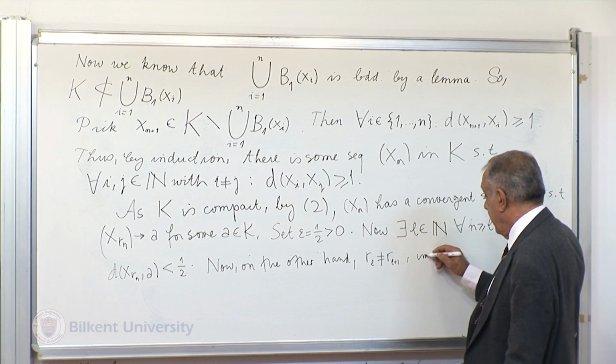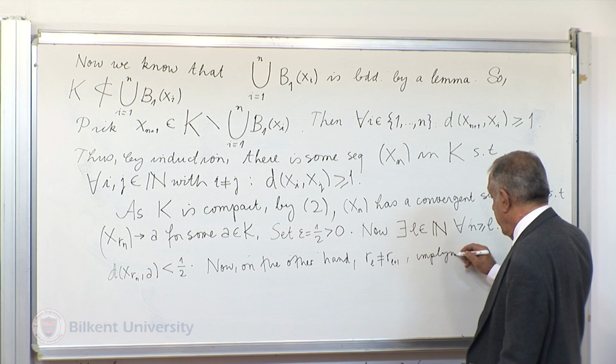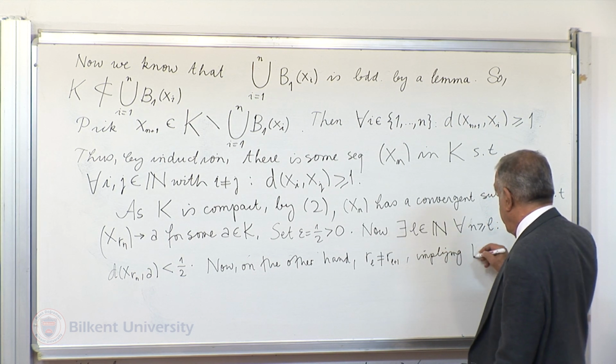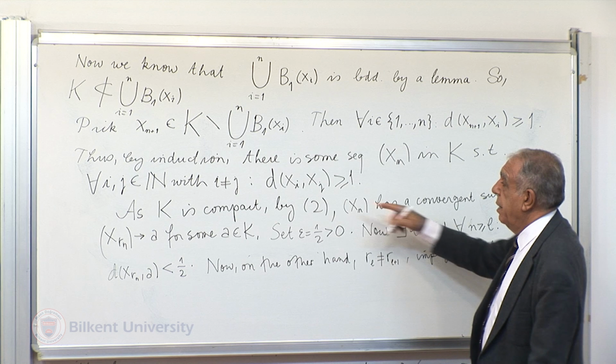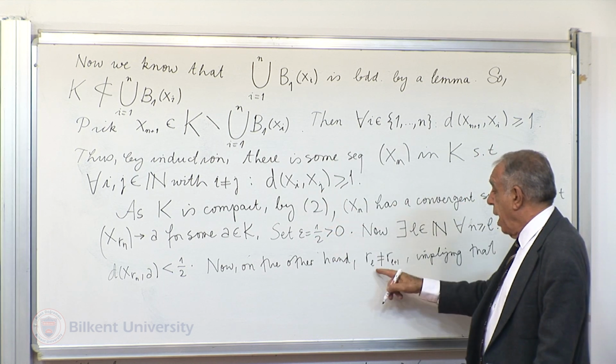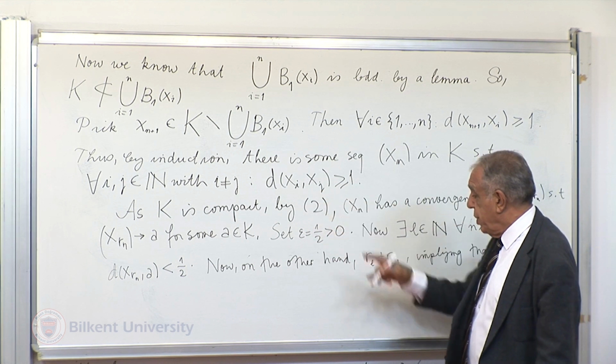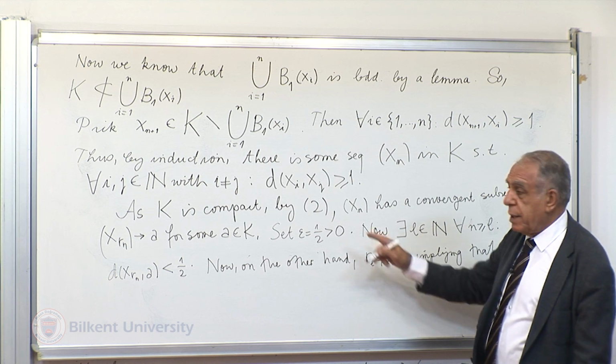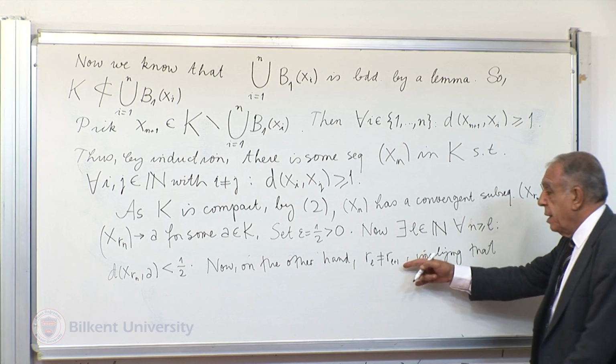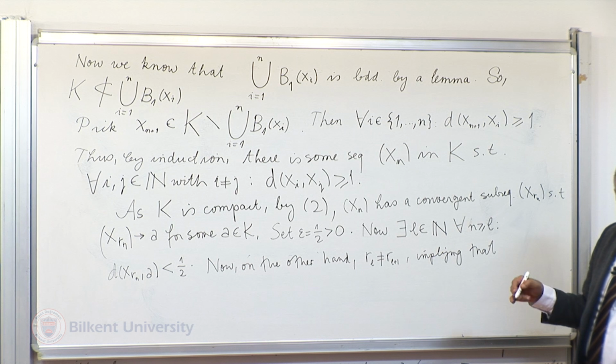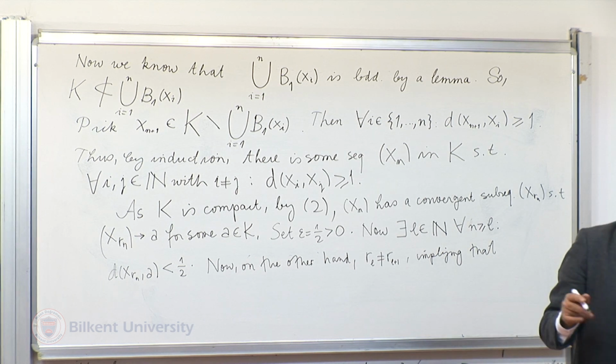Implying that by this condition here, I take I as R sub L, J as R sub L plus 1, they're different, then their distance has to be x sub R sub L and x sub R sub L plus 1.